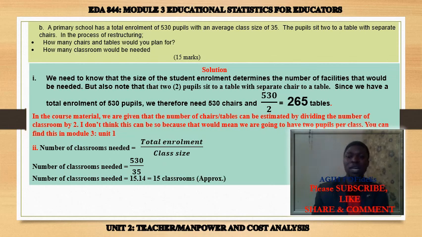But since we do not have a fraction of a classroom, we have to approximate this to 15 classrooms. Take note of that. Remember how to approximate. The digit we have after the decimal point is 1. It's not up to 5, so we round it down to 0 and add it to the digit before it.